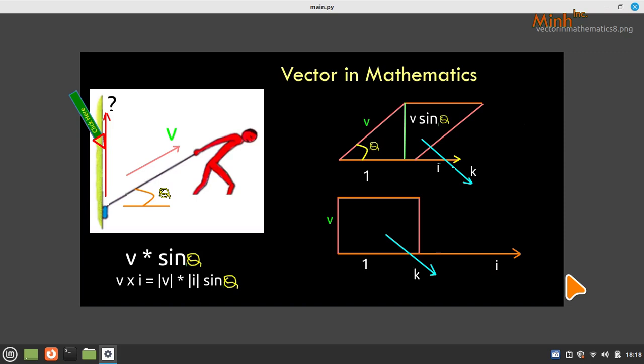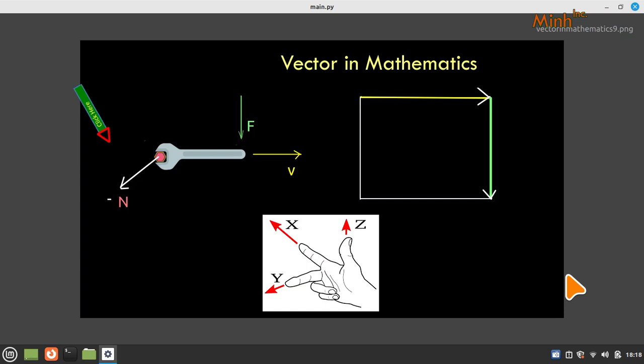So a perpendicular direction can be like this: if V is considered as a range vector and the force is in this direction, then this is pure energy. And if it is placed here, then it would generate torque in the perpendicular direction, the way we are saying with sine theta.